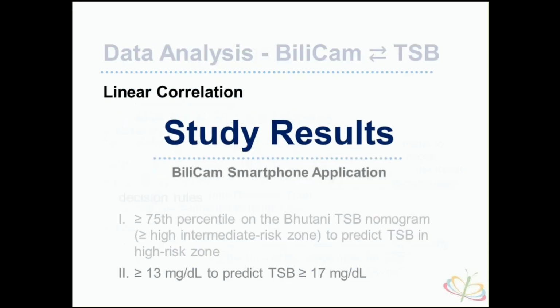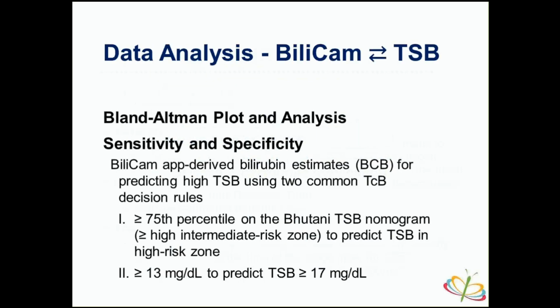First of those being, if the value that BiliCam produced was plotted on the serum bilirubin nomogram and was greater than or equal to the 75th percentile, which is the high intermediate risk zone or higher, that would predict that the actual serum bili was in a high risk zone.